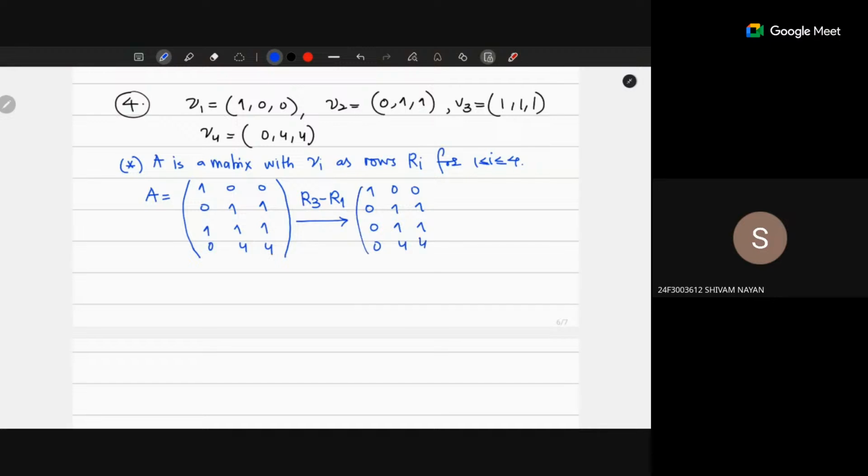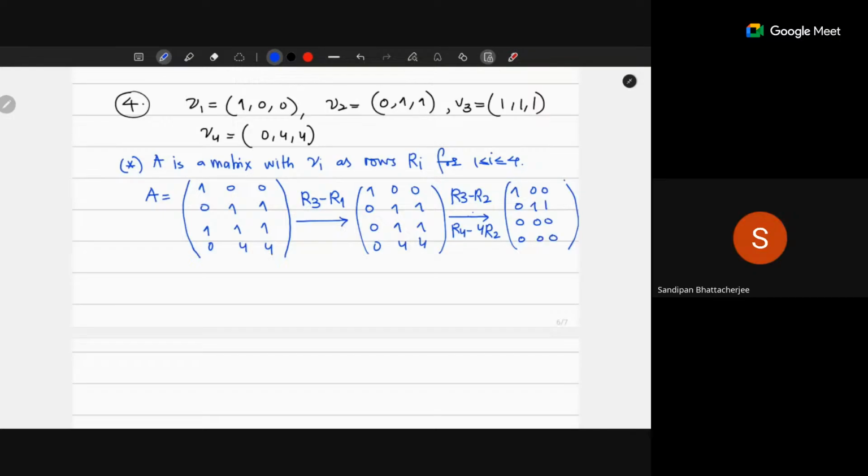And then R3 minus R2 and R4 minus 4 R2. We get 1, 0, 0, 0, 1, 1, 0, 0, 0, 0, 0, 0.